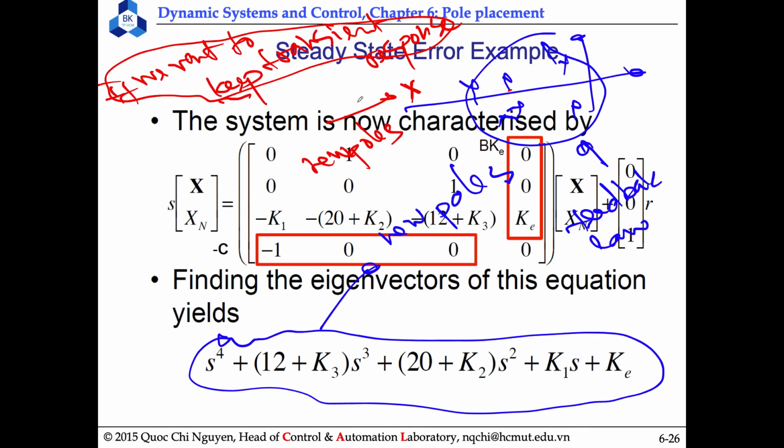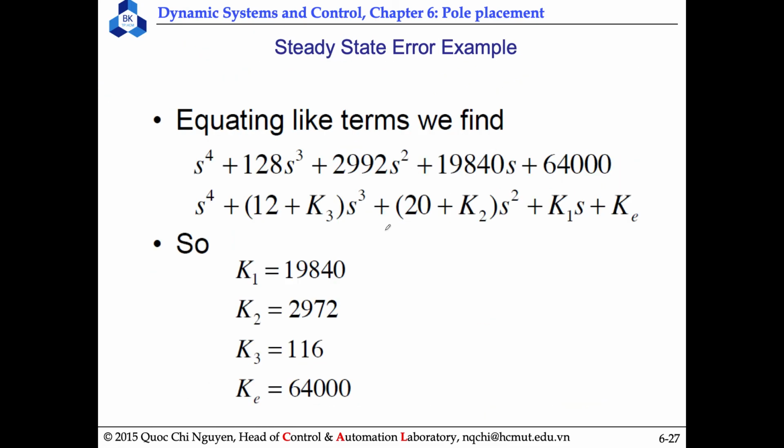Therefore, this is easy to do if we just place the new pole far away from the dominant pole. We choose the new characteristic equation, which has the second order pole we already designed for the transient response.